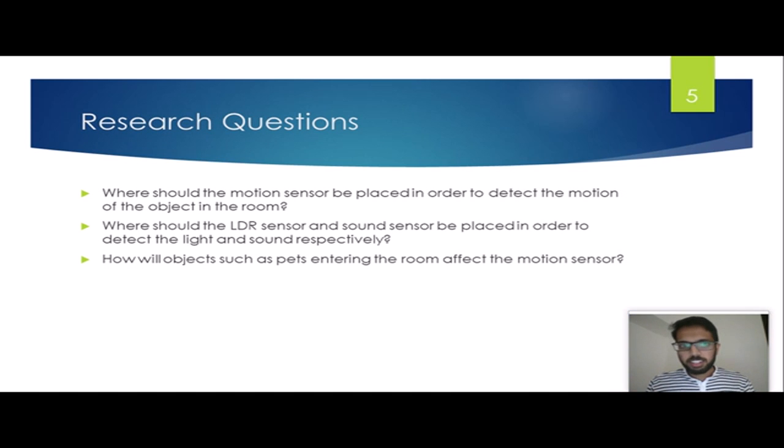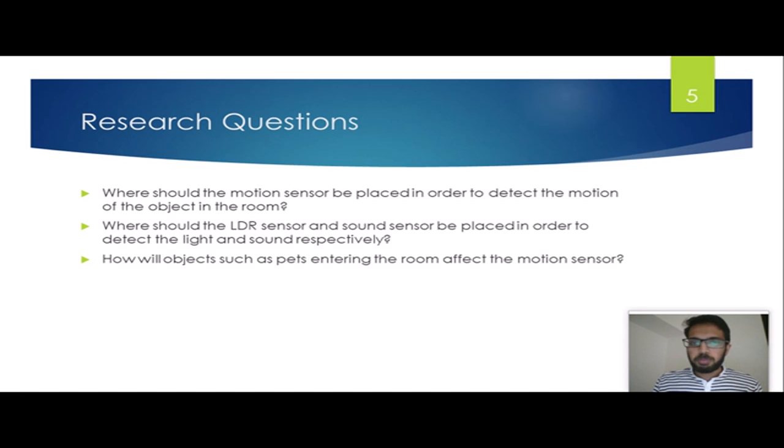The next thing that comes to mind is the question of sensor placement: where the sensors should be placed so that the results we collect will be efficient enough to give a good idea about our concept of a smart restroom.